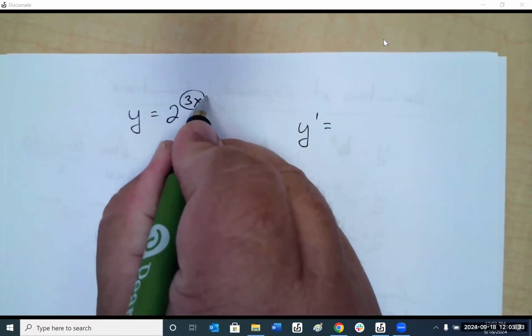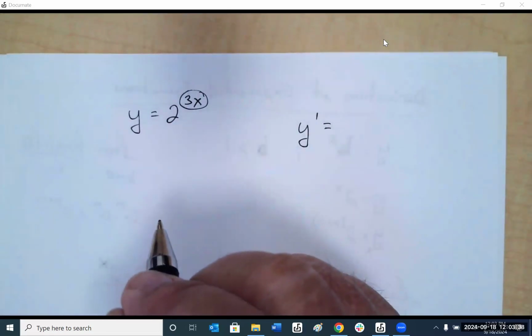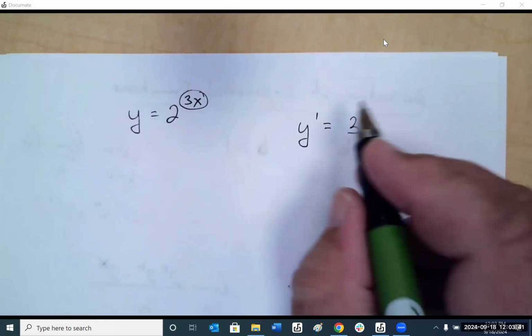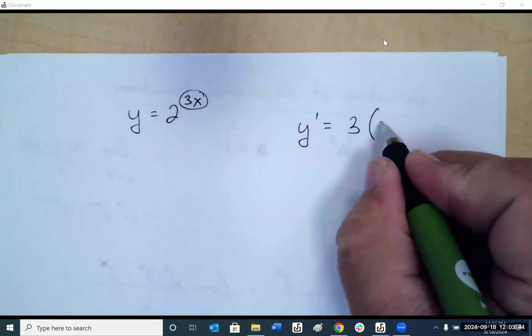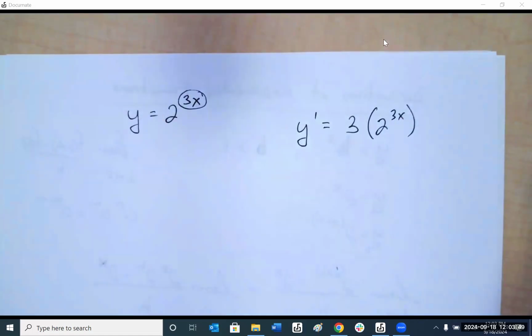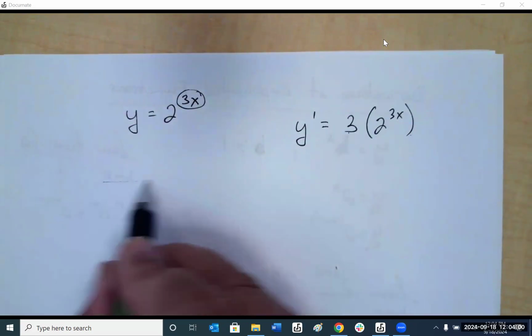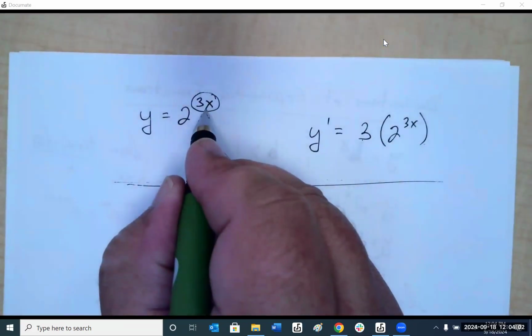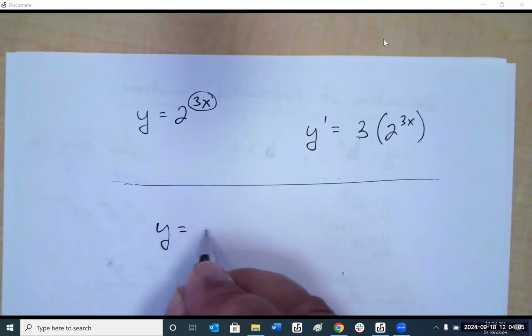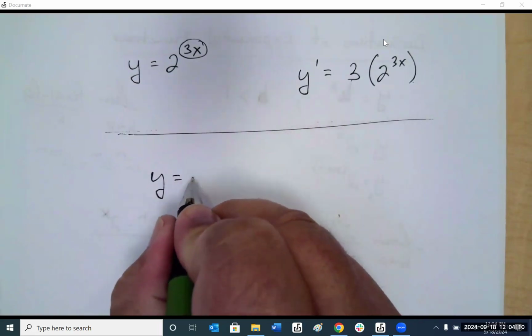Because now we have to take a derivative of that. What's the derivative of 3x? Times the derivative of this whole thing is 2 to the power 3x. No, it wouldn't be 6 because this is an exponentiated term. So it's 3 times this. In other words, it's easier when we do it with e because that's just not a physical number.